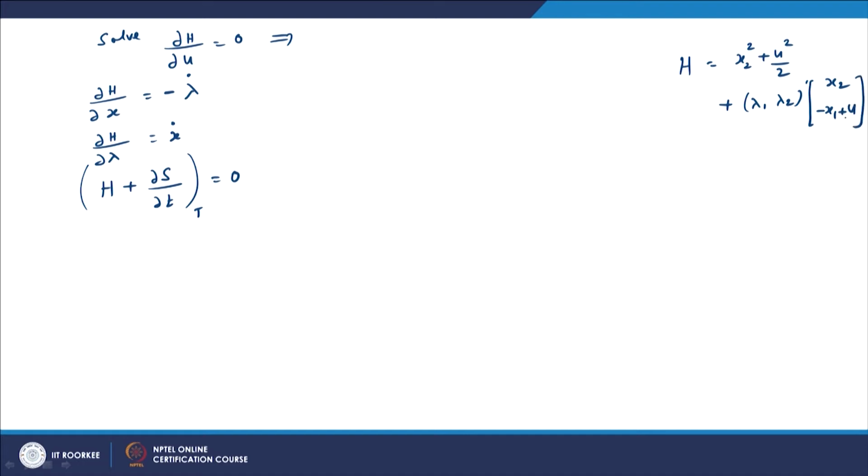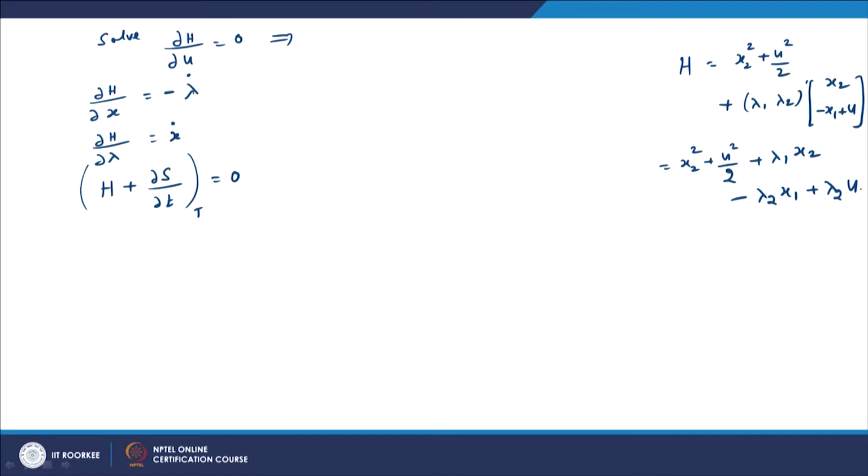So, this is the H function, which is equal to x2 square plus u square by 2 plus lambda 1 x2 minus lambda 2 x1 plus lambda 2 u. So, this is the H function.